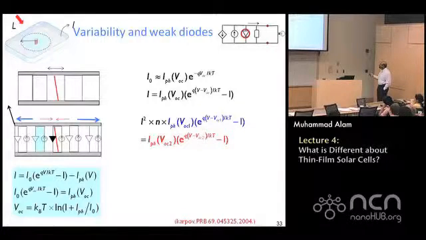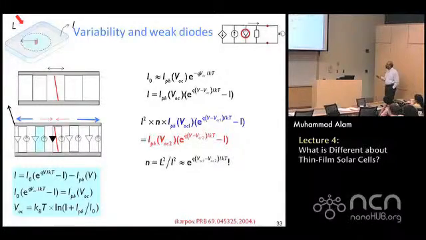And so the number of those diodes that have been affected is this number. They all have VOC1, and this black one has VOC2, lower. And if you solve for it, what you find is that the number of diodes that have been affected by it is exponentially dependent on the VOC difference.